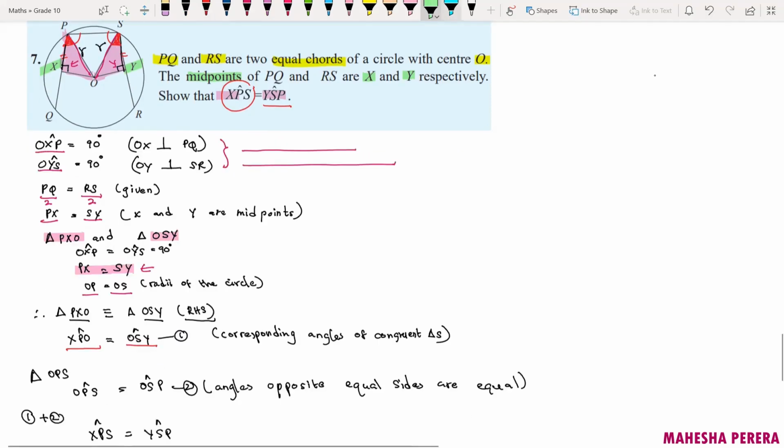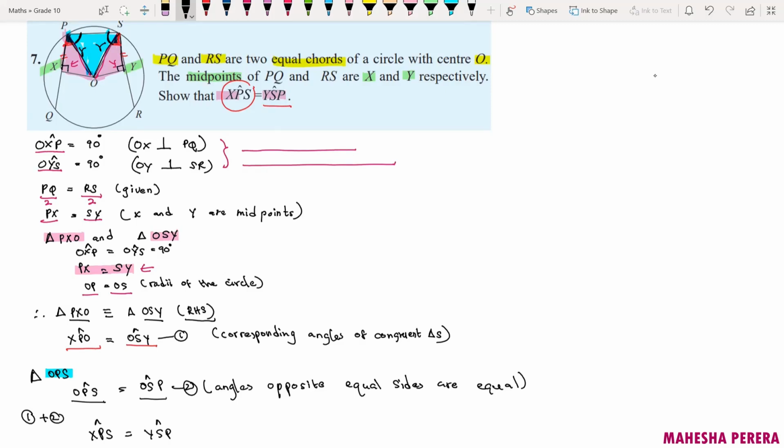Then when we consider triangle OPS, where is OPS? This middle triangle, this blue color triangle. This angle and this angle, that means angle OPS and angle OSP, are equal. Why? Because their opposite sides are equal.